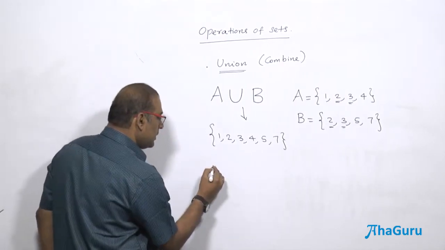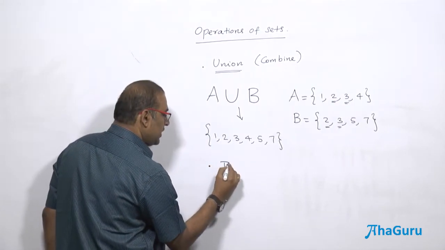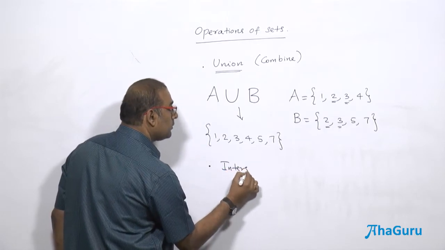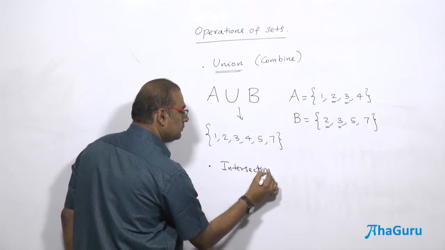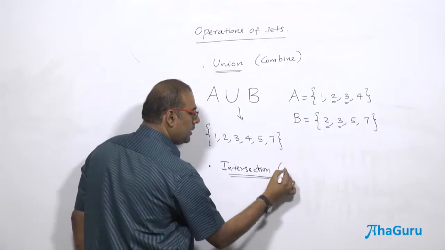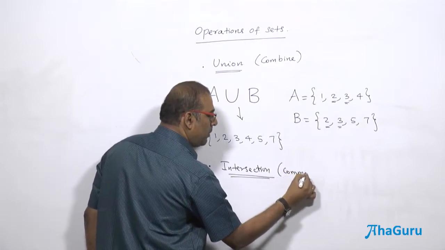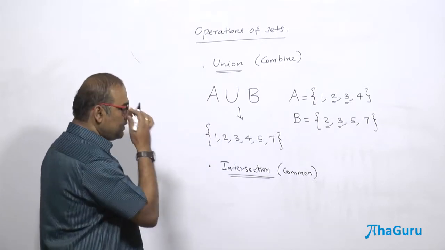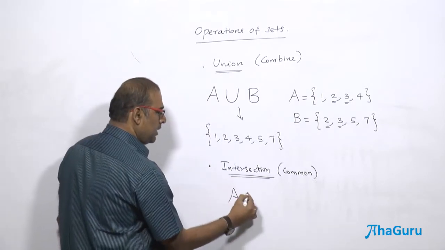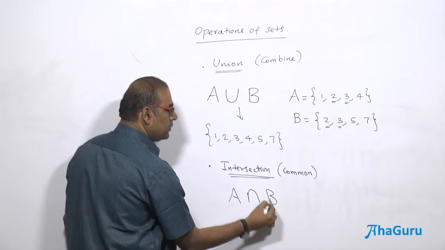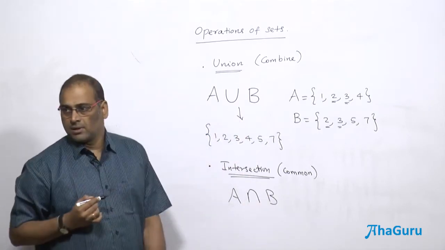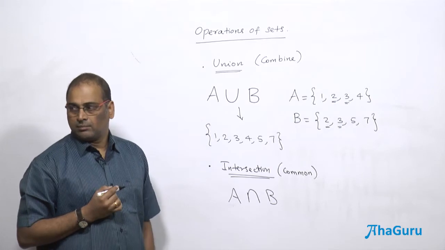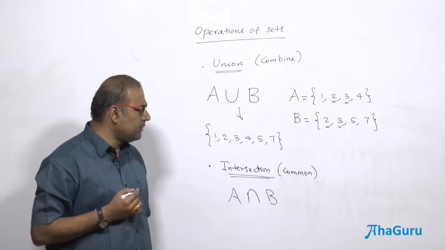Okay, there is intersection. Intersection is a word that's used for common, right? You have a symbol for that: just the opposite of U, an inverted U. It is intersection. In this case, let us take the same example.